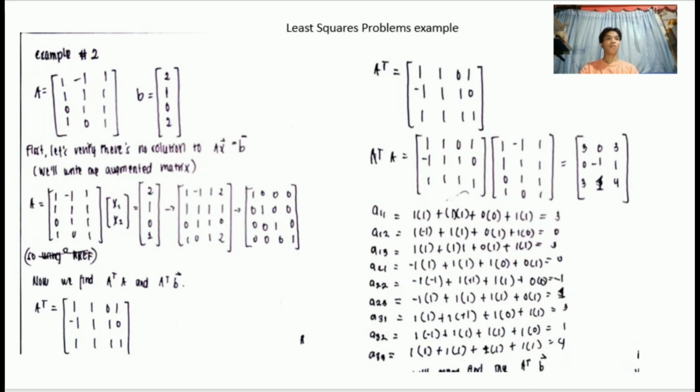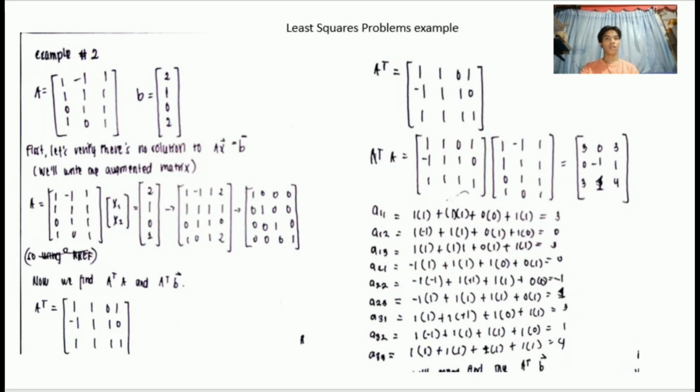So we have here our 3, 0, 3, 0, negative 1, 1, and 3, 1, 4. So here we're gonna find now our A transpose times B. So A transpose times B, we just simply multiply it to our B, our A transpose, which leads to our row 1, which is 1 times 2 plus 1 times 1 plus 0 times 0 plus 1 times 2, which equals to 5.